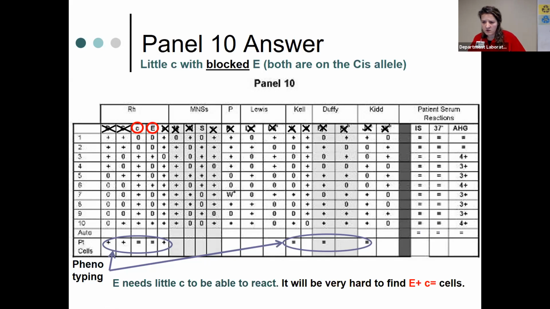Sarah said she had S crossed off, but only Cal half crossed off. Yes, Cal should only be half crossed off with panel cell 1 because it's heterozygous. What was the other one?